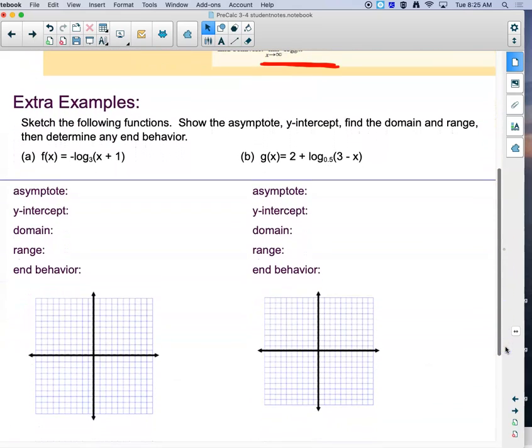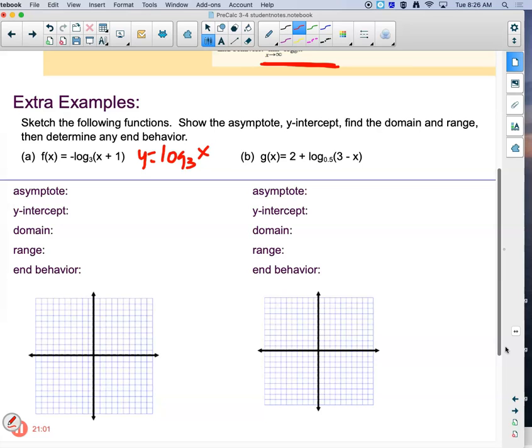And we've got a couple extra examples, and like I mentioned, we're starting to see a little bit more happening with them. Sketch the following functions. Show the asymptote, y-intercept, find the domain and range, then determine any end behavior. So when we're graphing and there's more A, H, and K going on, it really is a good idea to think about all of those transformations before you get started. So with f of x equals negative logarithm base 3 of x plus 1, we would start with a parent function of y equals logarithm base 3 of x.